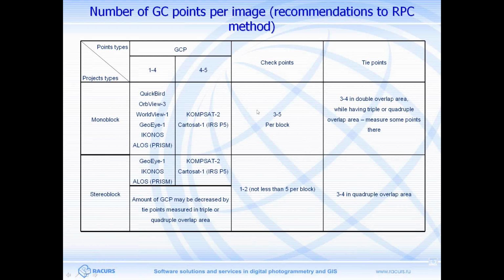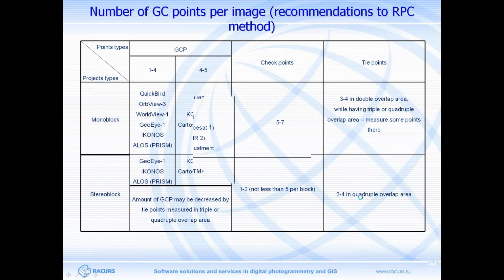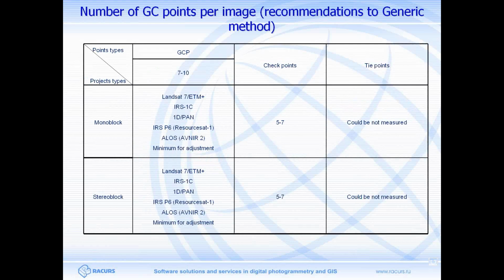Also some information about checkpoints and tie points, like 3, 4 in double overlap area, 3, 4 in quadruple overlap area, and so on. The generic method requires much more ground control points, so of course it's better to deal with RPC or rigorous models.